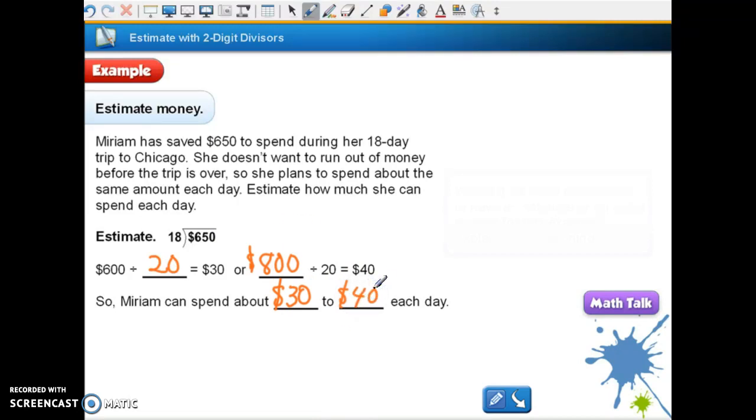Now, if it were me, I would be a little careful because I wouldn't want to overspend, and I know that 800 is higher than 650. So I would choose to spend about $30 each day.